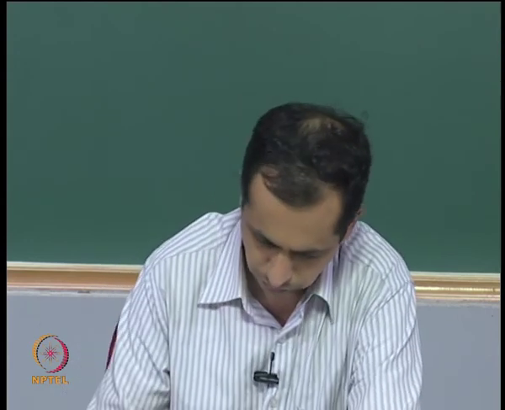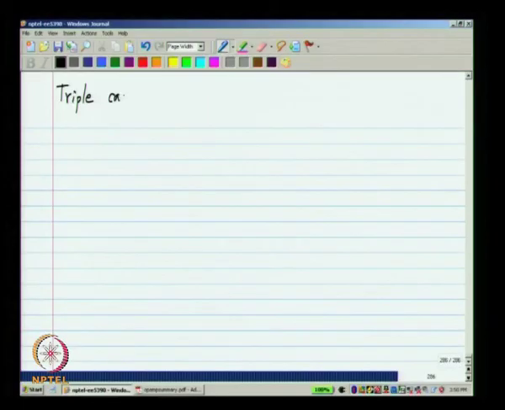Now, another possibility is that we use not just one cascode, but two cascodes. Okay. Usually such a thing is called a triple cascode. I will show it for the telescopic cascode topology.